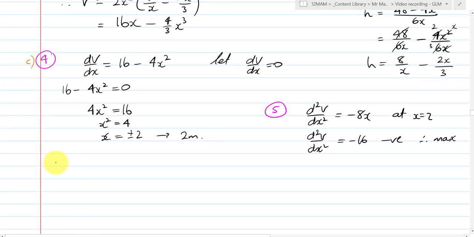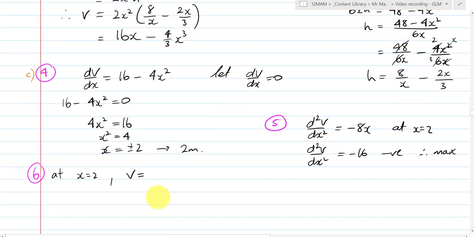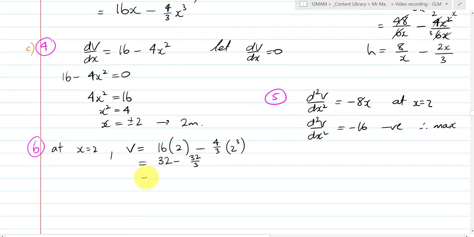And of course, now we conclude back into the question. At x equals 2, volume is equal to 16 times 2 minus 4/3 times 2 cubed. And that's equal to 32 minus 32 over 3, which is 2/3 of 32, or 21 1/3 meters cubed.